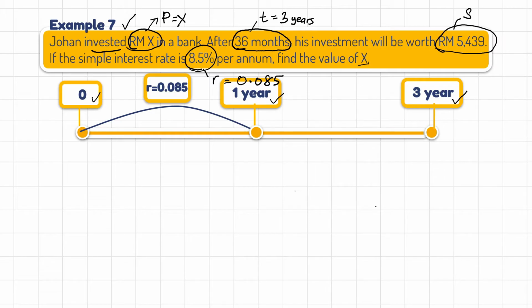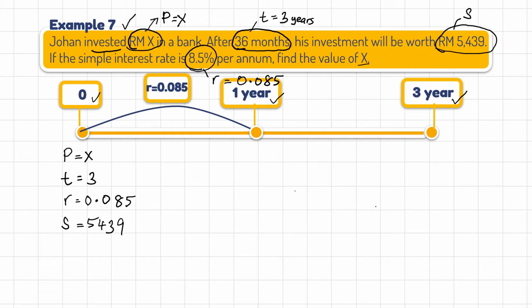today to 1 year. Let's put the information on the timeline where we write P equals to X on today. And then our T just write equals to 3. Our R is 0.085. And then the value of S is 5,439 ringgit.